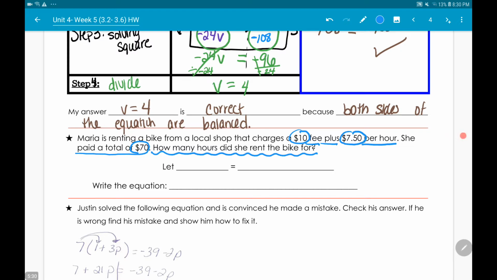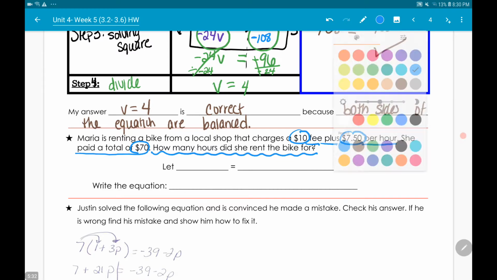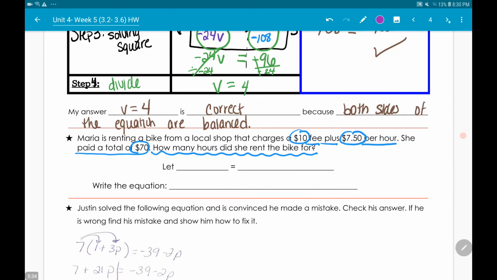Cool. So remember, when we're trying to identify what our variable represents, we go here. We look at how many. So our variable that we're looking for is hours. So I'm going to say x equals hours because we're not sure.